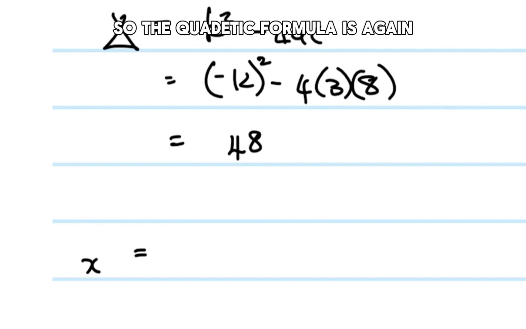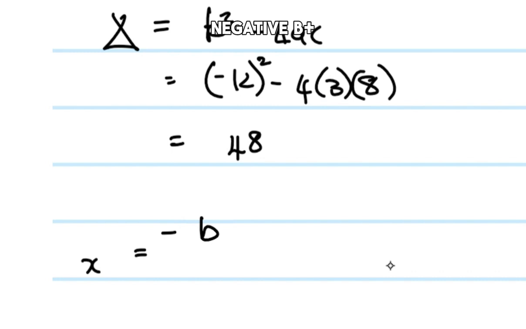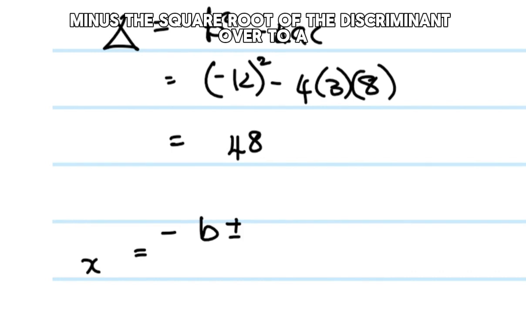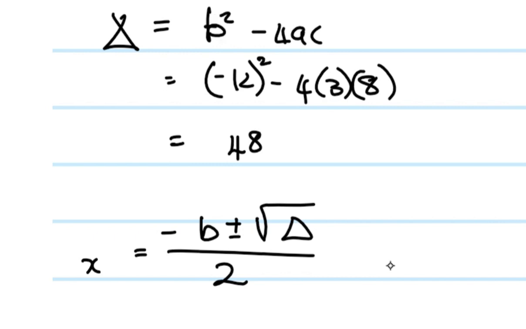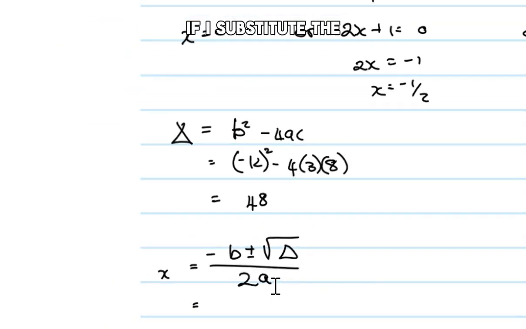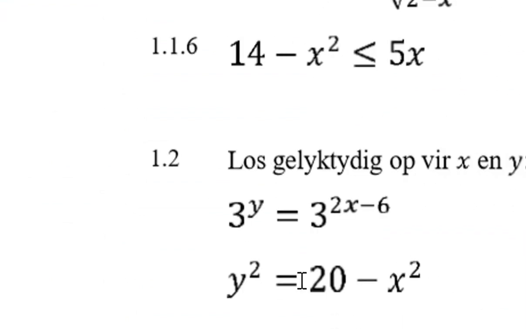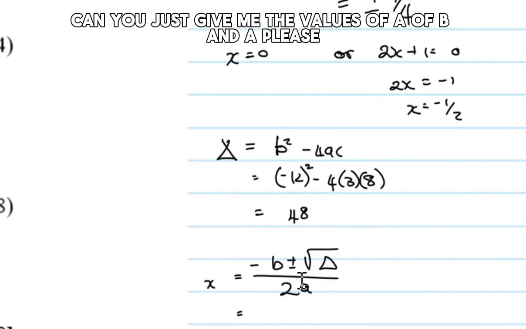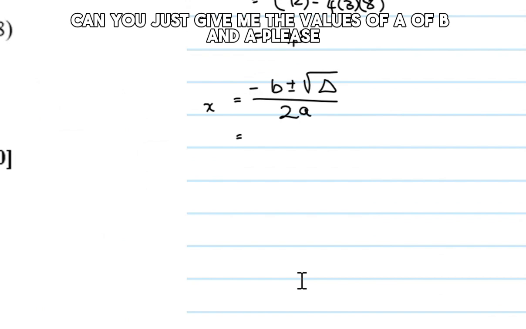So the quadratic formula is again negative b plus minus the square root of the discriminant over 2a. In my next step, I'm going to substitute. If I substitute there, can you just give me the values of b and a, please?